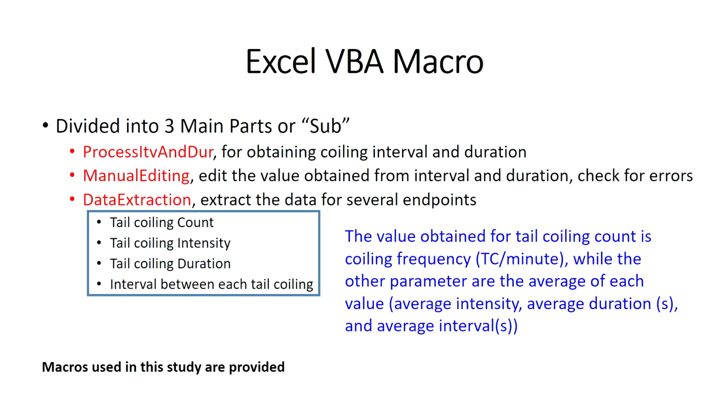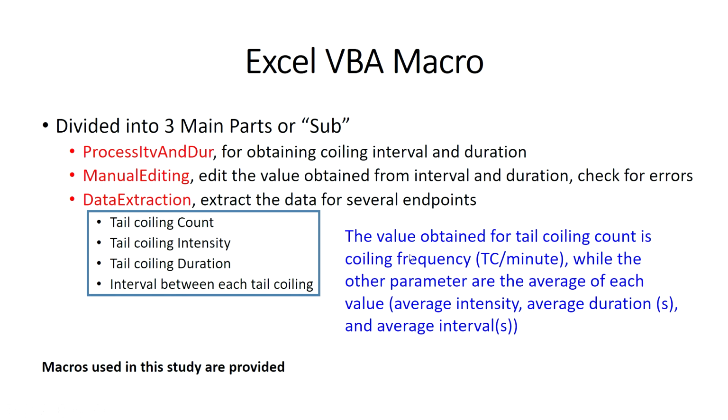The Excel VBA macro that we provided is divided into three main parts, or subs. The first one is Process ITV Endure for obtaining coiling interval and duration. The second one is Manual Editing, to edit the values obtained from interval and duration and for checking errors. And the last one is Data Extraction, to extract the data for several endpoints. The endpoints are written here: the tail coiling count, intensity, duration, and the interval between each tail coiling.